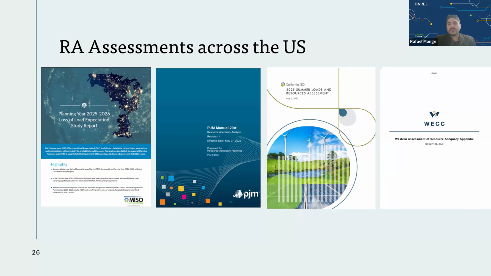In the Southeast and Florida, utilities conduct their own studies under the SERC umbrella, and Alaska and Hawaii use utility level processes. The covers on the slide from MISO, PJM, CAISO, and WECC show the variety you will encounter. Now let us look at who does what and how across regions.